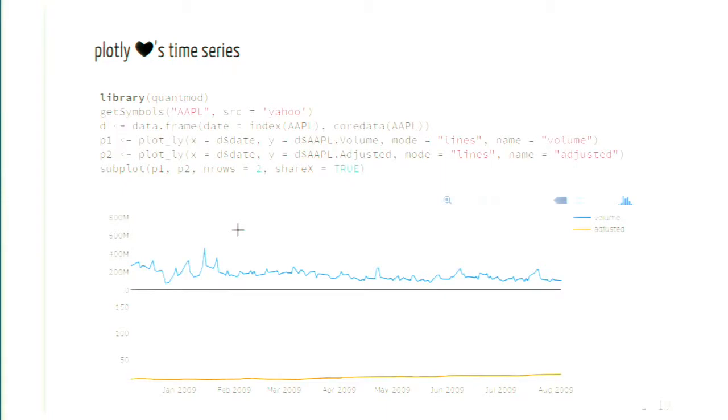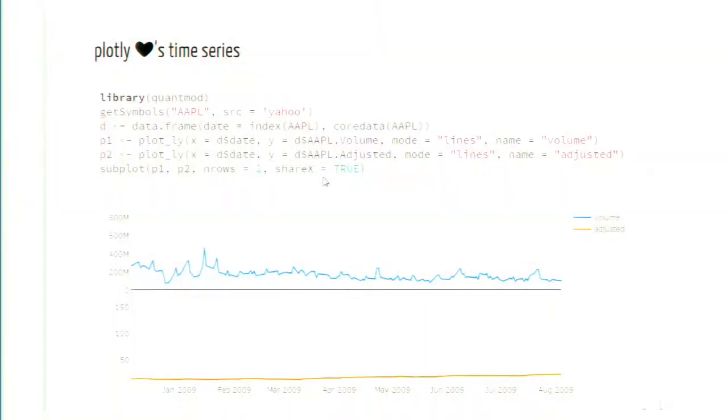And it's very easy to create subplots using the subplot function. That makes something that's a little bit fiddly if you're working directly with Plotly.js. This is hard to do, but the subplot function makes it pretty easy to just lay out multiple plots in a grid-like structure. So here, I'm just creating 2 different plots.